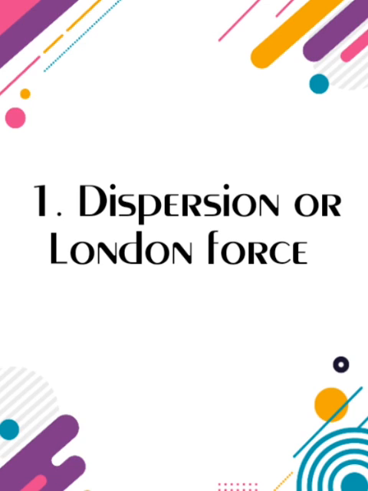This results in the development of an instantaneous dipole for a very short time. The temporary dipoles attract each other. This force of attraction is called London force or dispersion force. It is a force of attraction between two temporary dipoles. These forces are important only at short distances.